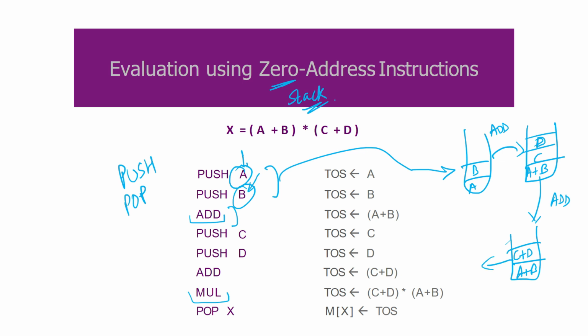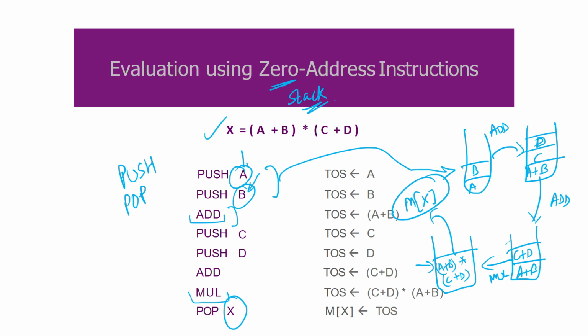When multiply comes up, we have to multiply A plus B into C plus D. So this is my top of the stack now. Now pop X, it means that I want to pop this value and save it at location X. So the top of the stack is sent into M of X. Purpose is solved.